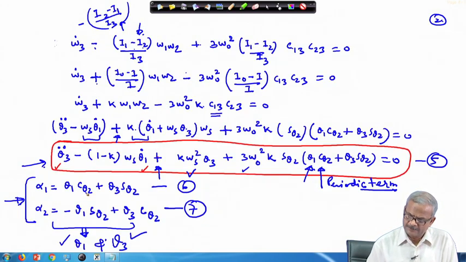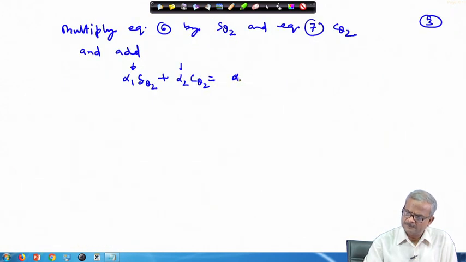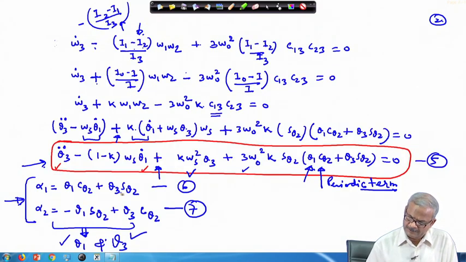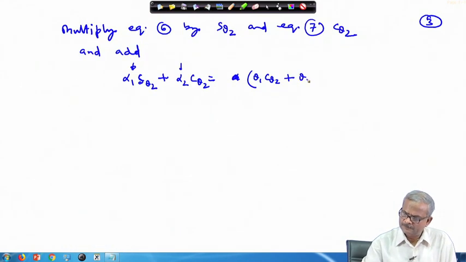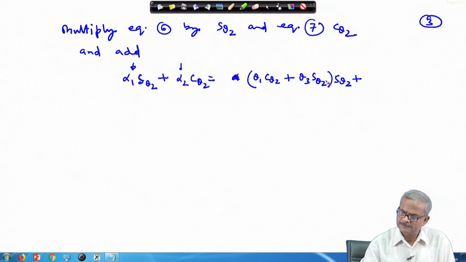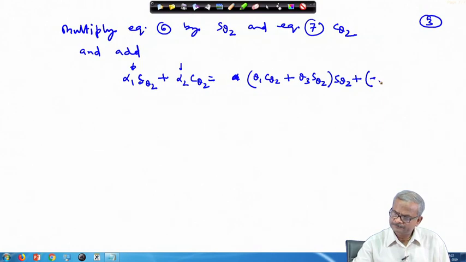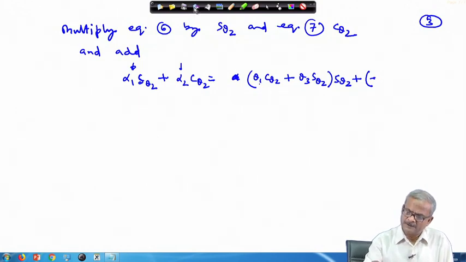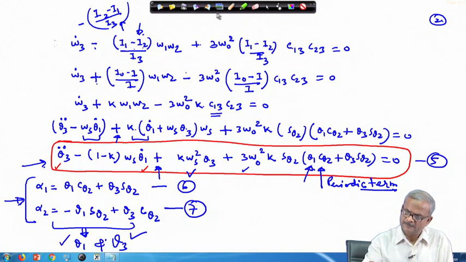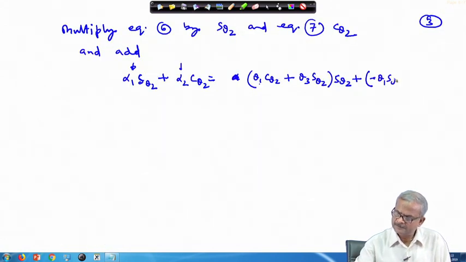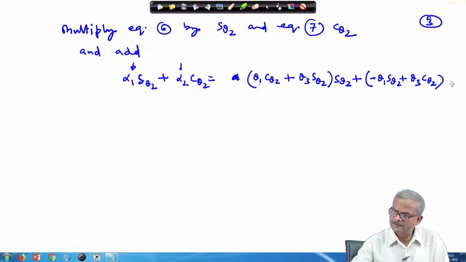So, alpha 1 is theta 1 c theta 2 plus theta 3 s theta 2, multiplied by s theta 2, and plus this alpha 2. Alpha 2 is minus theta 1 times s theta 2 plus theta 3, this remains the same, and s becomes c theta 2, and this is multiplied by c theta 2.